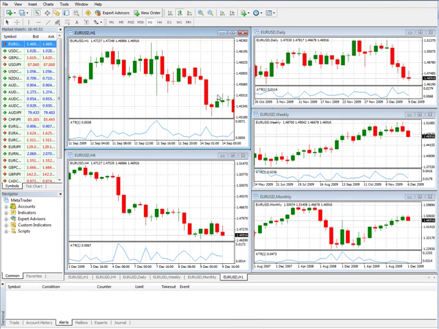One word of caution with regard to a demo account is that don't get wild in the demo account. Okay, what I mean by that is that you should keep your risk at the same levels that you will have them when you trade your actual account, when you open up your real money account.